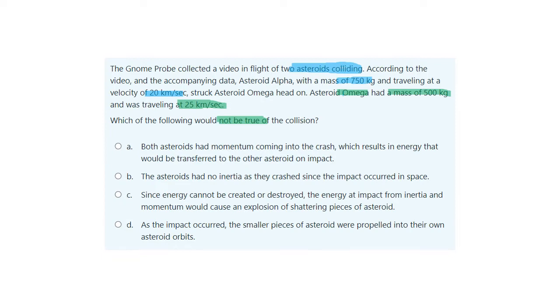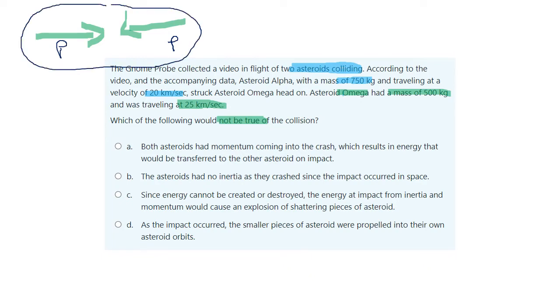Now, when two objects collide, each of them will bring momentum into the collision. So if two objects come together, each of them has momentum. After they collide, the momentum will add together.